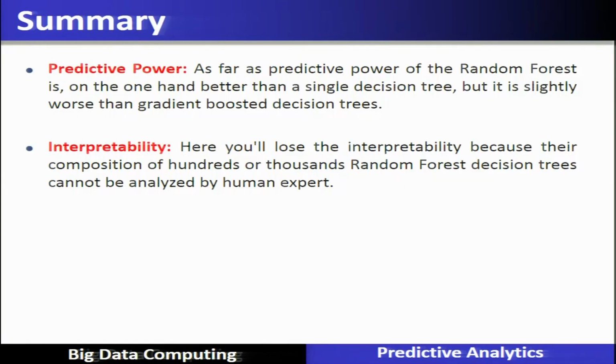You lose interpretability because of the composition of hundreds and thousands of ensemble decision trees involved in the random forest, and therefore it cannot be analyzed as easily as a single decision tree, which is more interpretable but has less predictive power.